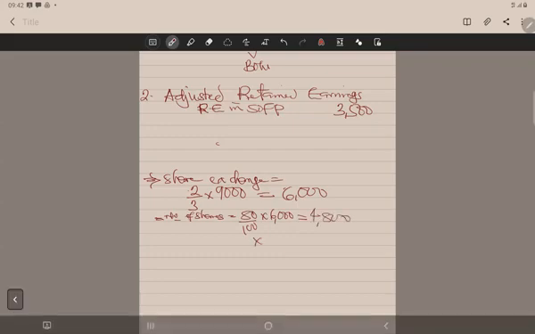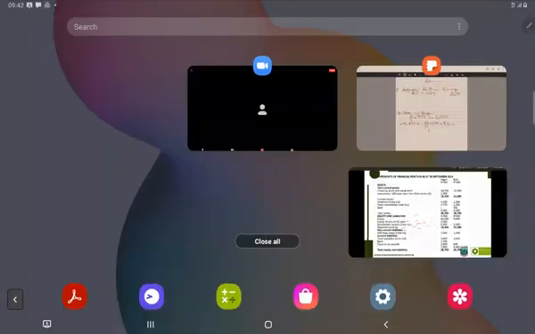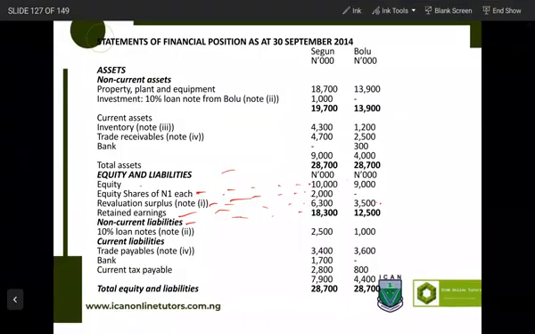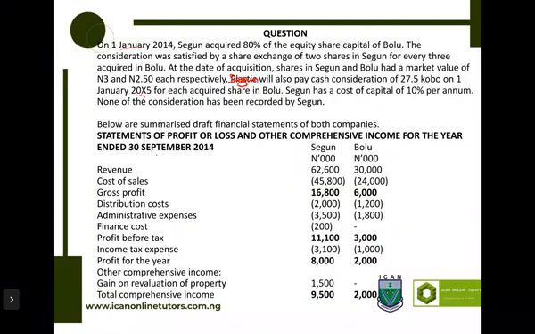That 4,800 is now multiplied by the market value. What is the market share price? Is it of Bolu or Segun? When we are calculating for the share exchange, it will be that of Segun, that's 3 naira. But when we are calculating for NCI, it will be that of Bolu.